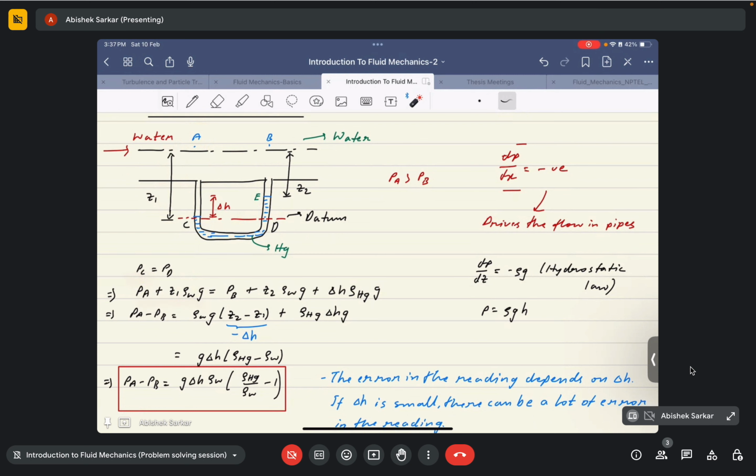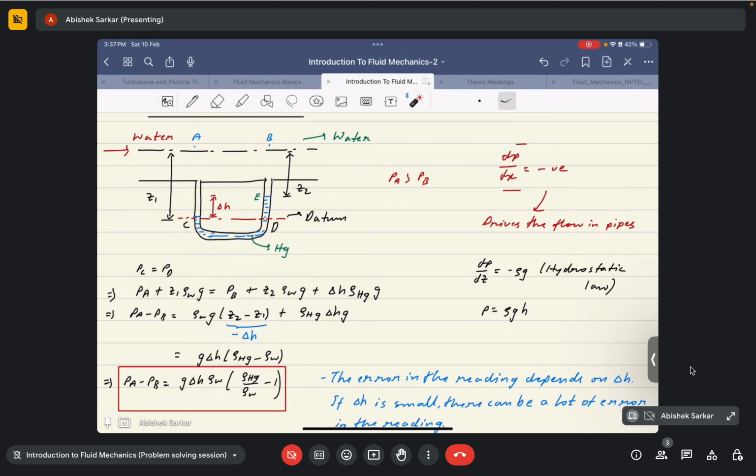Similarly, let us do it for the left arm, at pressure at point D. PB, this is done, PB plus now Z2, right, we have labeled it as Z2. So Z2 rho W into G, that is this one. It is clear, right? Z2 into rho W G, rho W because it is water in that case.